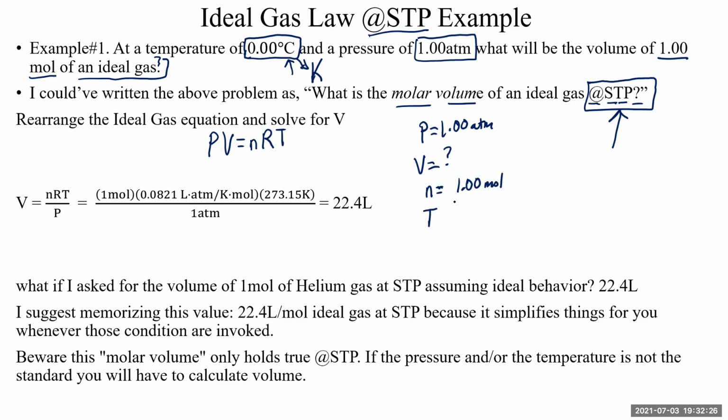And T is, well, it says 0 Celsius, but of course I have to convert. So T is 0 Celsius plus 273 equals 273. And of course I have my R value. But the point is, when I see that I have 3 out of 4, that situation calls for the ideal gas equation.